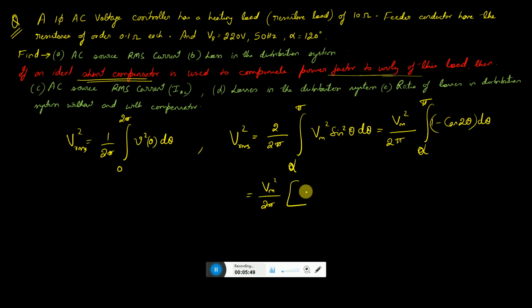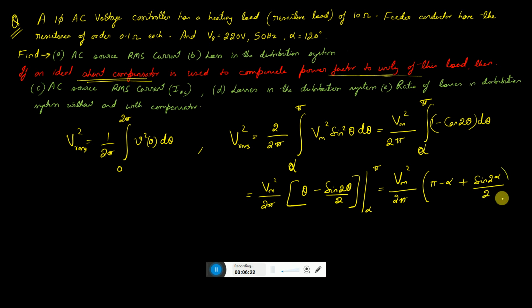The integration of 1 is theta and of cos 2 theta is sine 2 theta by 2, with limits from alpha to pi. This gives Vm square by 2 pi times pi minus alpha, minus sine 2 pi, which is 0, plus sine 2 alpha by 2. So this is the value of Vrms square.